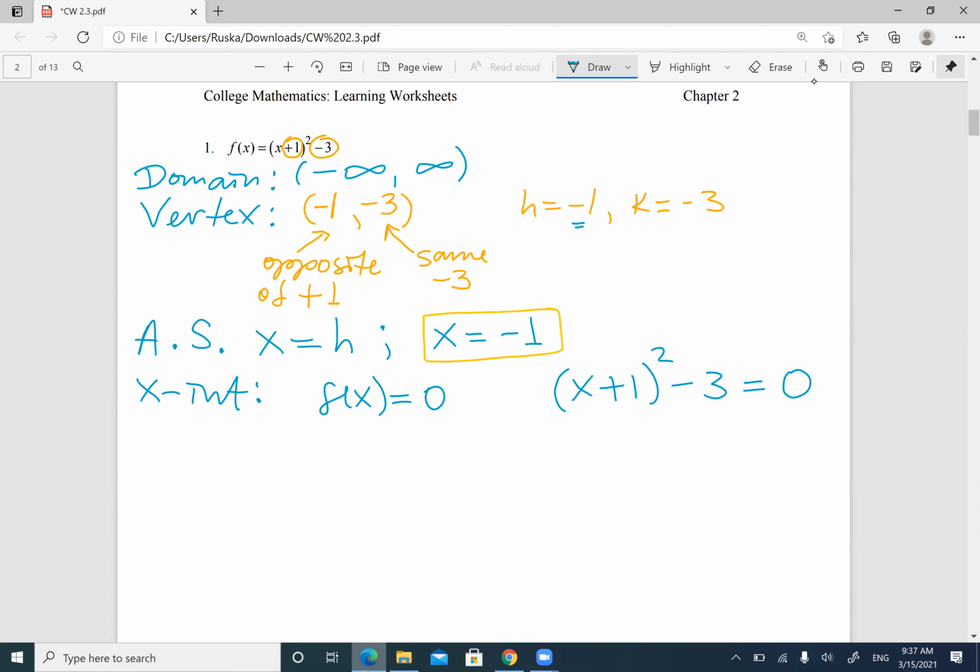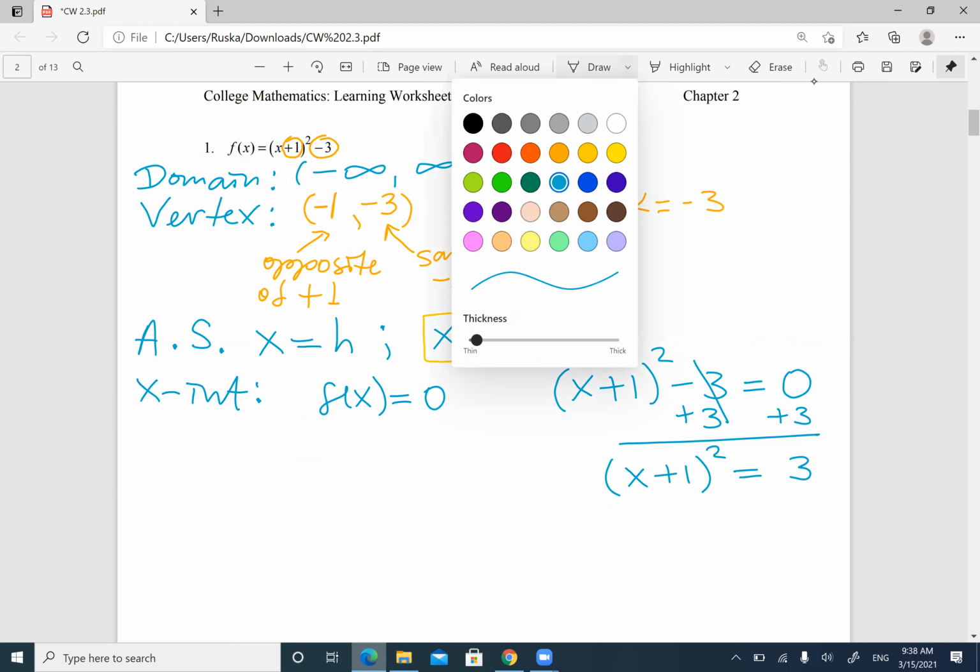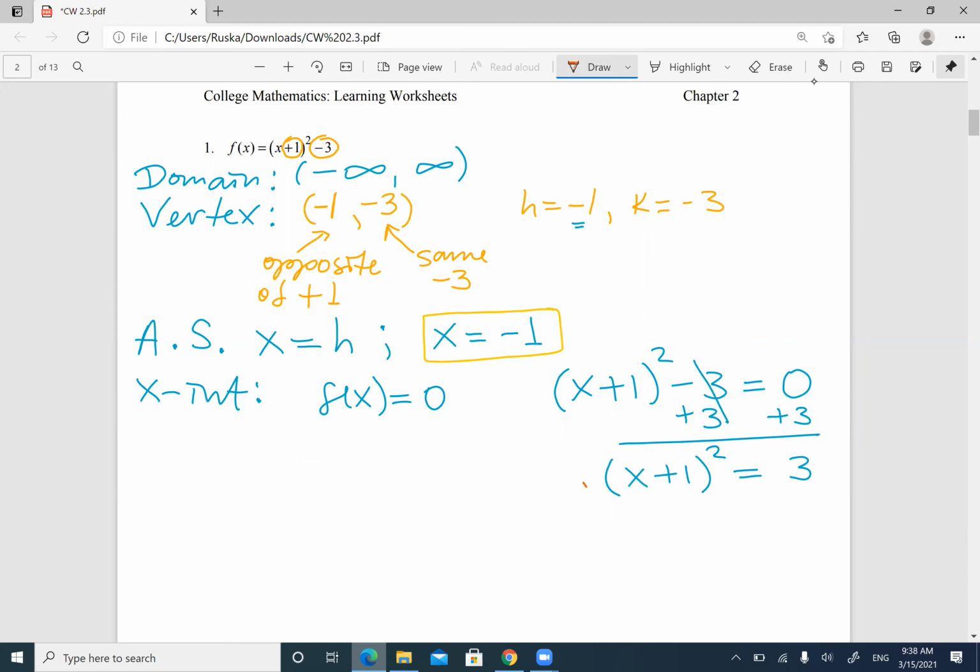We're going to get the square by itself, so I'm going to add 3 on both sides. And you're going to get (x + 1)^2 = 3. We're solving this quadratic equation. And then here we're going to take the square root on both sides. So I'm going to do the square root here and the square root of 3. But when you do the square root, you always have to put plus or minus.